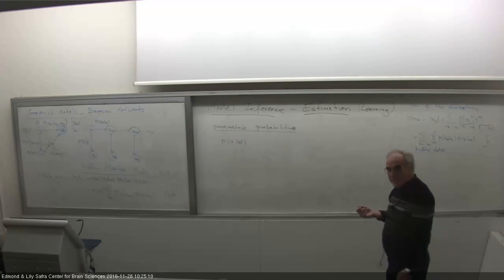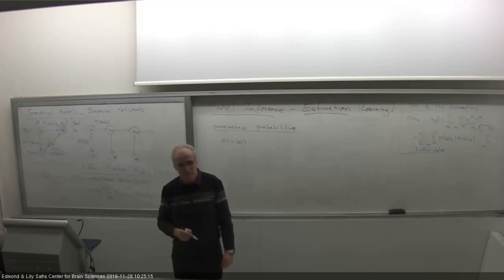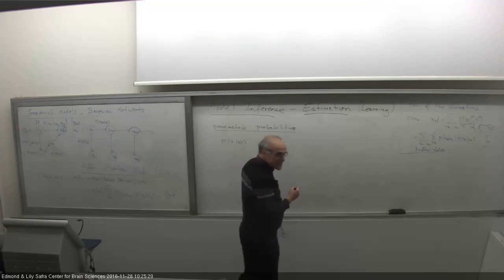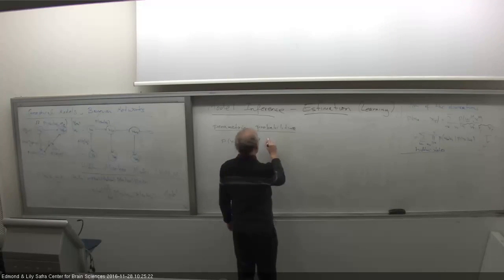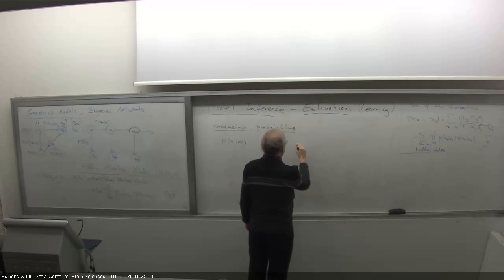You actually saw many of them already. Let me just remind you of some examples. For example, the Bernoulli trial, coin flips. The probability of having x equal 0 given theta is theta, and the probability of having x equal 1 given theta is 1 minus theta.